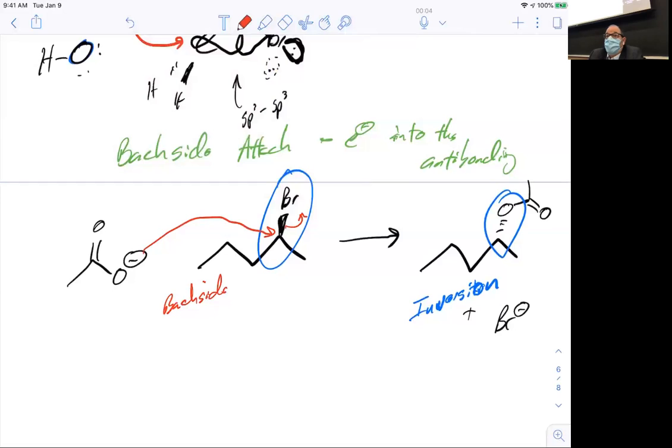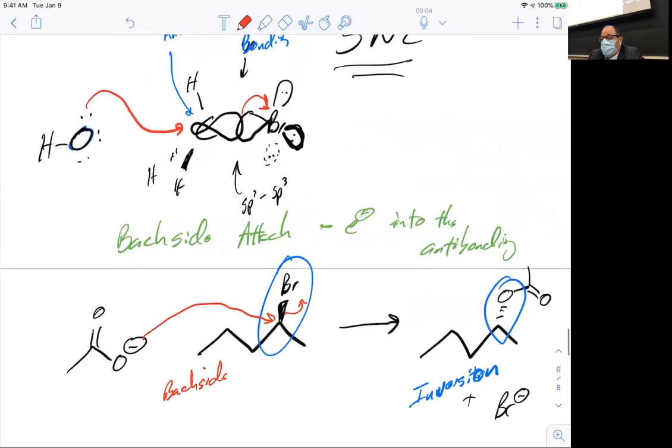So when I substitute, in most cases, it's going to be a direct substitution, and I'll go from R to S and S to R. But I could substitute a high priority with a lower priority and result in no name change, but the stereocenter still inverts. So I potentially could go from an R to an R because I've changed my priority, but the stereocenter still inverts. So don't get the naming convention and the stereocenter inversion confused. They're separate. They should be separate. Okay.